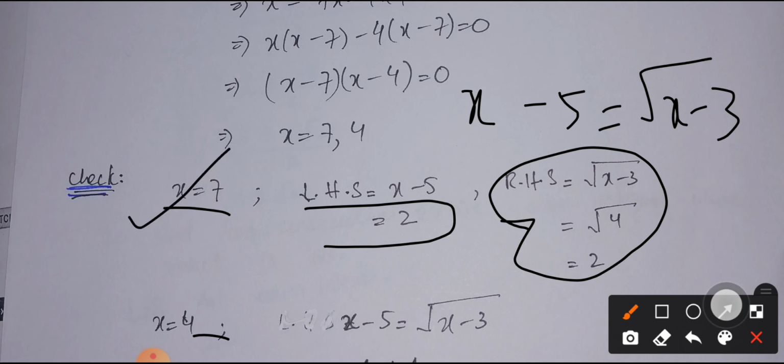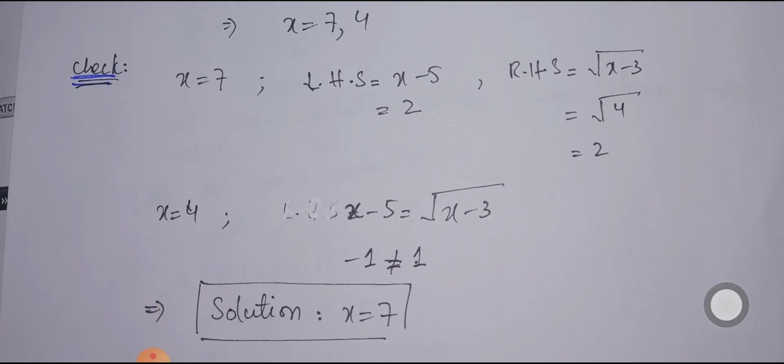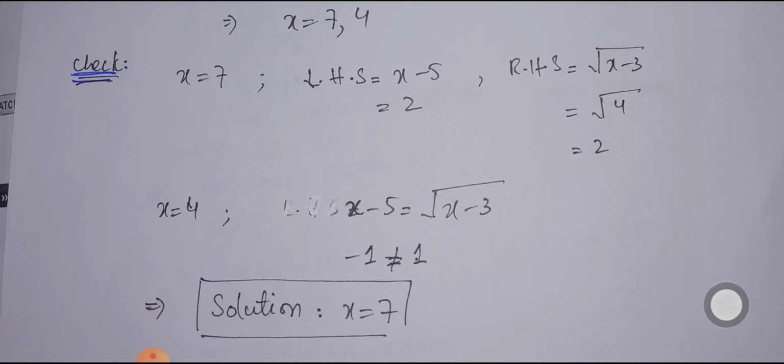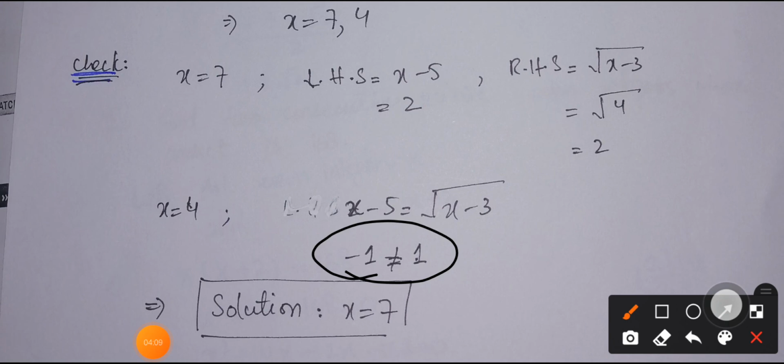For the other one, if I put x is equal to 4, the left side is x minus 5, that is minus 1, and on the right side 4 minus 3 is 1, and the square root of 1 is equal to 1. But obviously minus 1 is not equal to plus 1, so x is equal to 4 cannot be a solution of the given equation, and x is equal to 7 is the only solution.